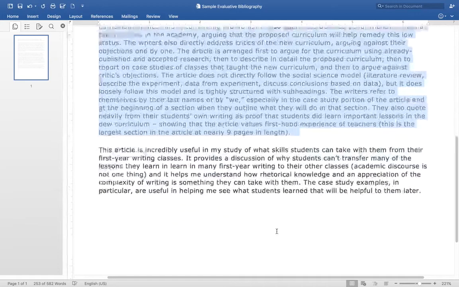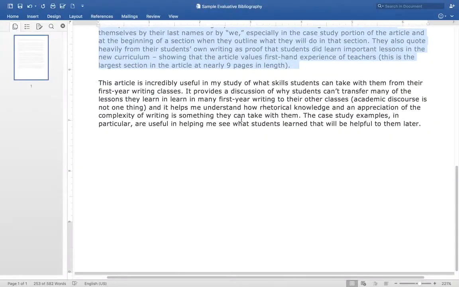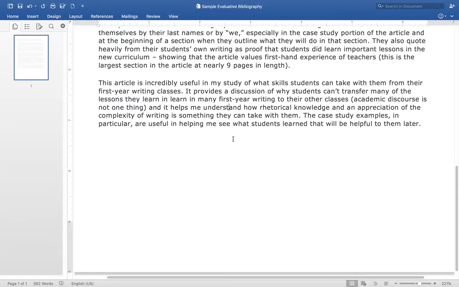The third section, and this is the last section, is how you are going to use it. Now this should not be general. This is going to be really useful for my article because it talks about my subject, paragraph. You want to be specific and concrete here. So this article is useful in my study, particularly of what skills students take with them from their first-year writing classes.